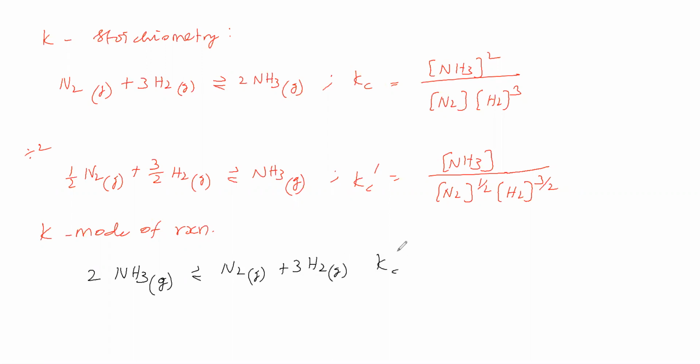For this, the equilibrium constant has in the numerator the concentration of N2 times the concentration of H2 power 3, with a multiplication symbol, not plus. In the denominator is the concentration of ammonia power 2. Now you see, for this third equation and the first equation, the magnitude of the equilibrium constant is different.